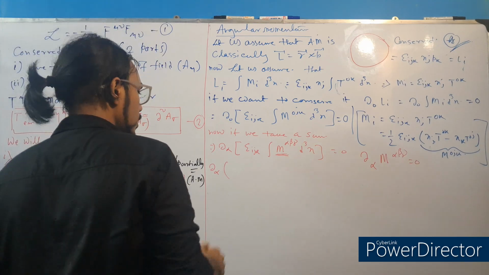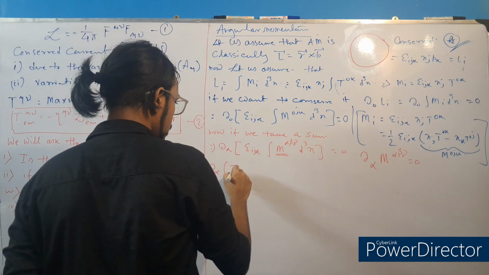Okay, so I have x^j first, so this is basically x^beta.